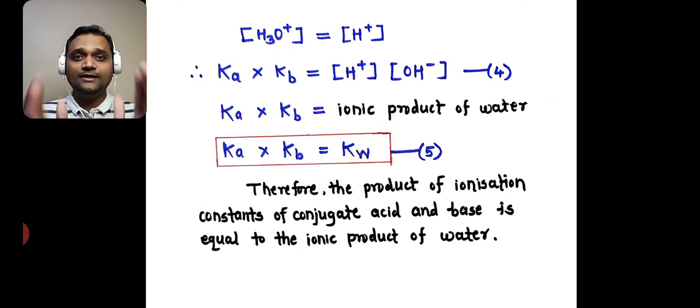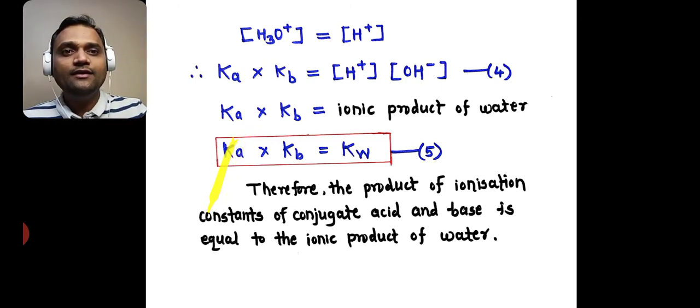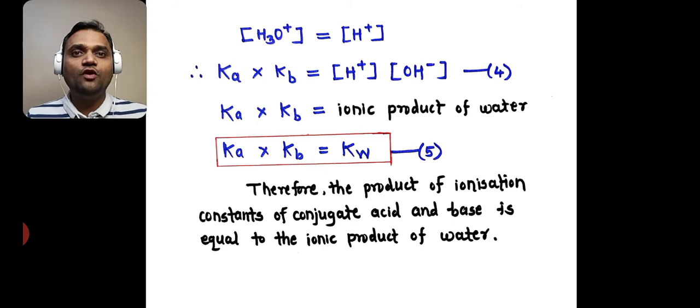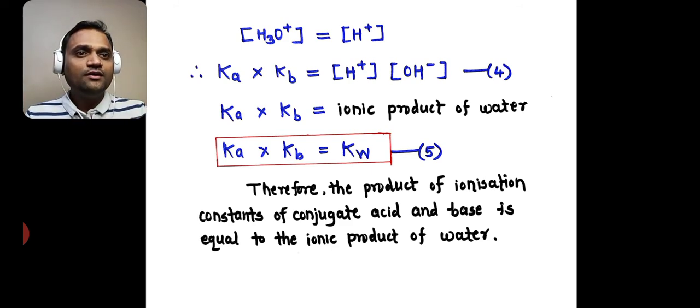So it is an interesting relationship. Ka into Kb is equal to Kw, where Ka is the ionization constant of acid, Kb is the ionization constant of base, and Kw is the ionic product of water. So in words, the product of ionization constants of conjugate acid and base is equal to the ionic product of water.